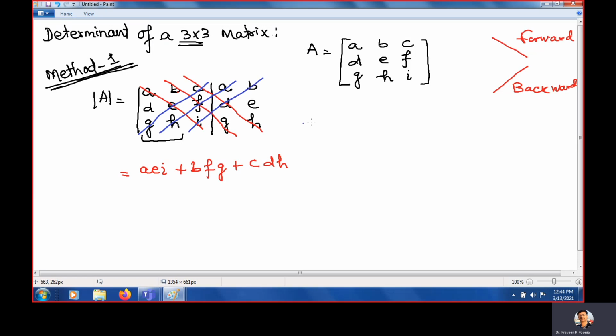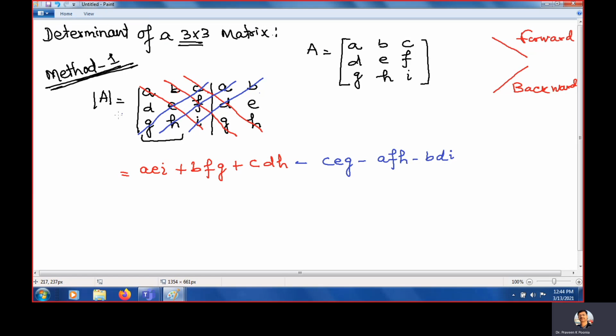There are three possible. Now minus C, E, G, minus A, F, H, minus B, D, I. So this is the way you can find the determinant of a 3 by 3 order matrix.